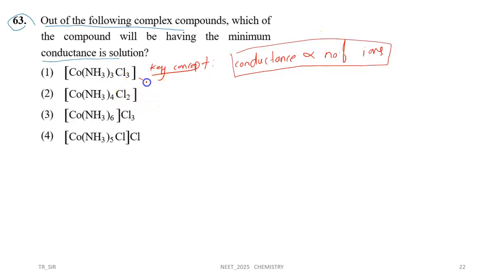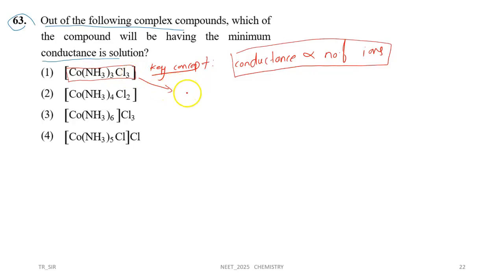Now suppose I try to dissociate these compounds. The part within the complex is called the coordination sphere. Only the ions present outside the coordination sphere will undergo ionization.